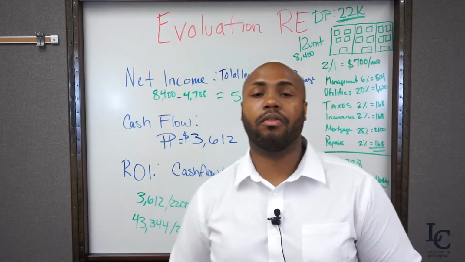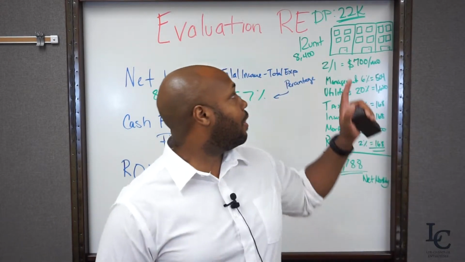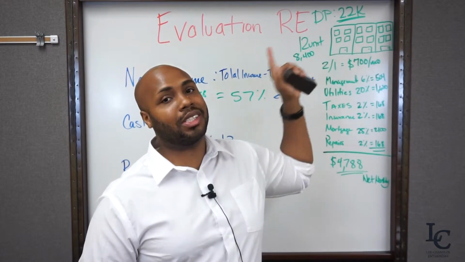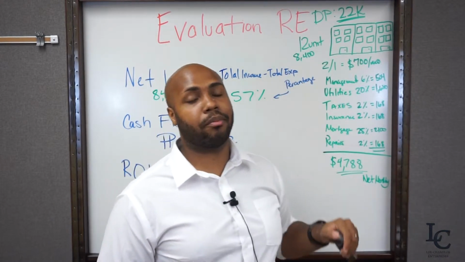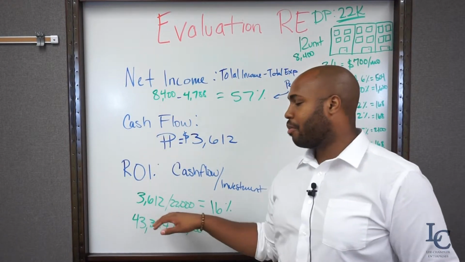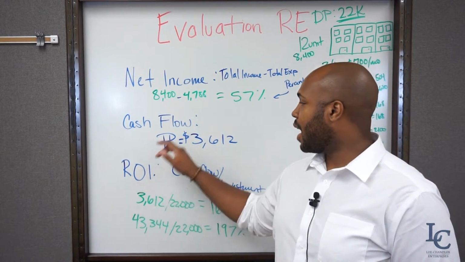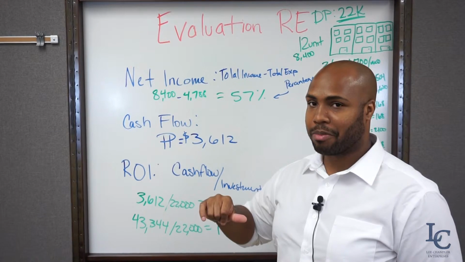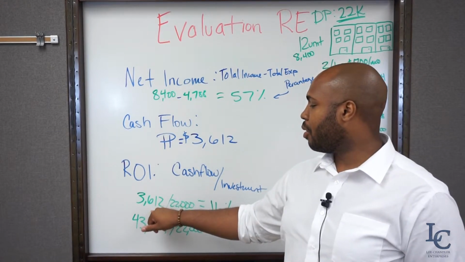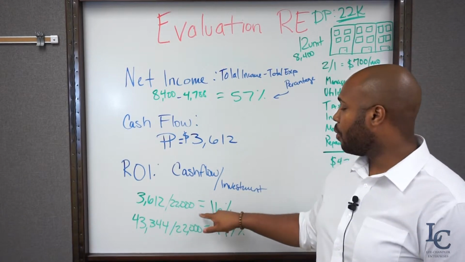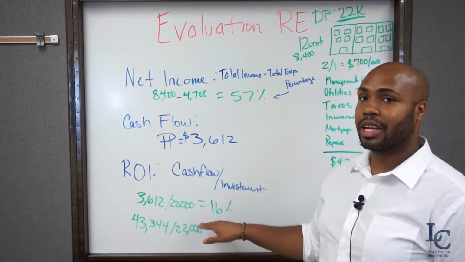And if you recall from the beginning, your down payment and all the costs, including that, is $22,000. So we're going to divide both of these numbers right here. We're going to put our net profit, what I consider net profit, on top of what your investment is. When you do that, you're going to get 16%.